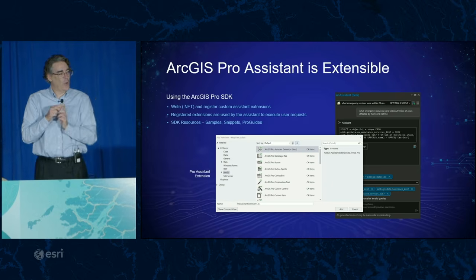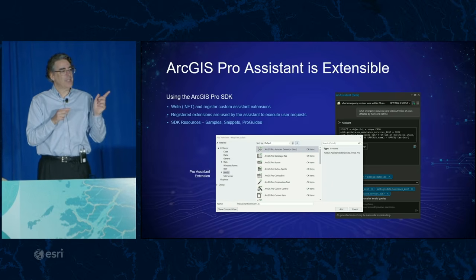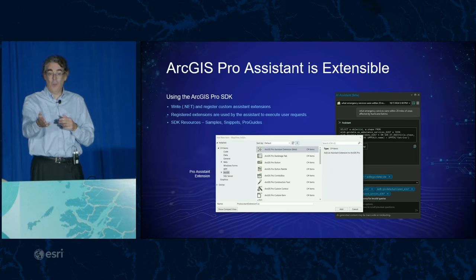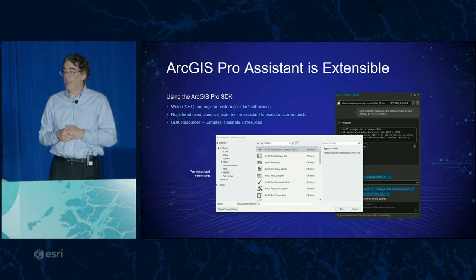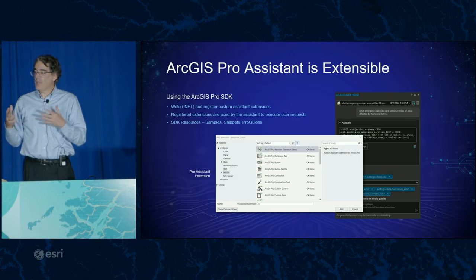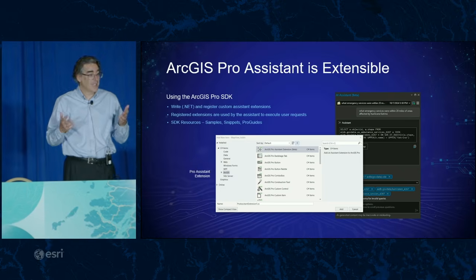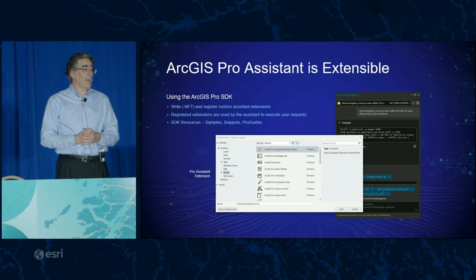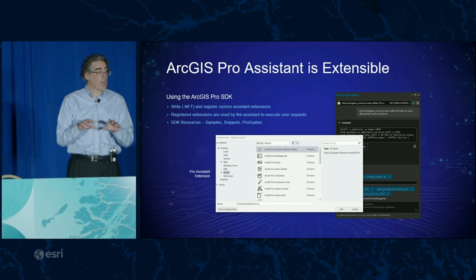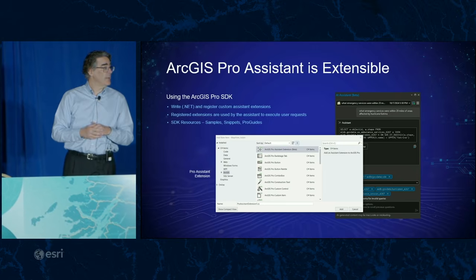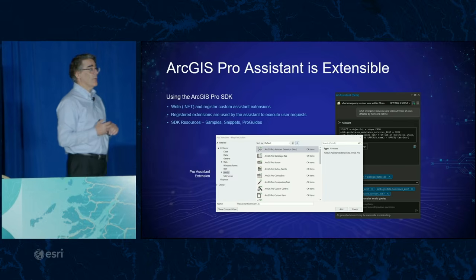So the assistant could invoke your add-in, your business logic, just like we invoke a GP tool or we turn a layer on and off. So for some workflows that are quite unique to your business and your everyday tasks, this could be quite a thing, right? Where people can speak your language, your jargon, and launch these custom workflows through the assistant.